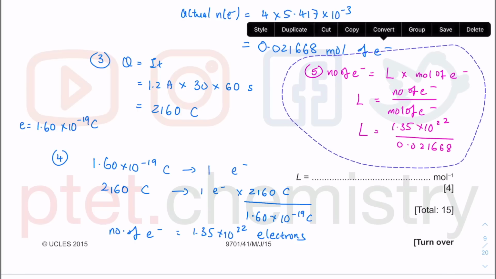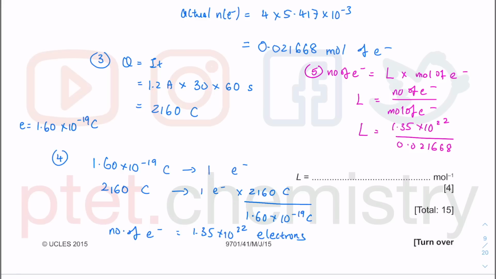And I get 6.23 times 10 to the 23, to 3 significant figures. It is the number of electrons in 1 mole of electrons. Okay, so that's the end of that 4-mark question, and that concludes that 15 marks question overall.